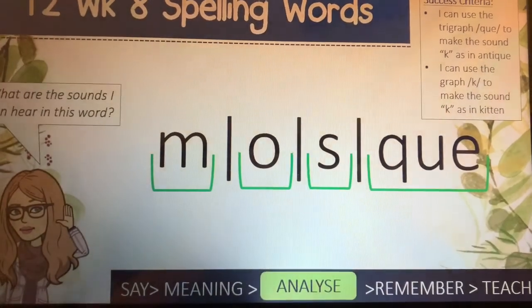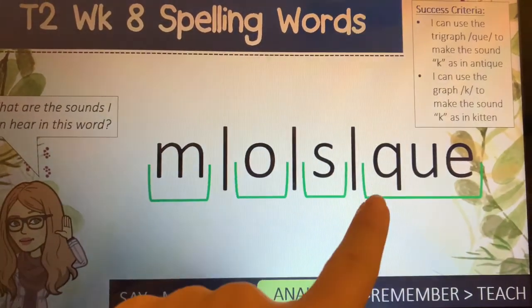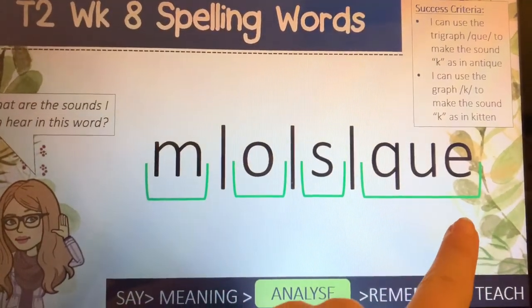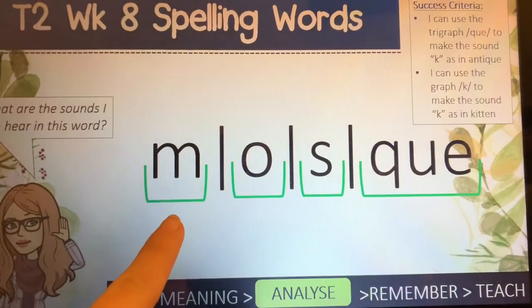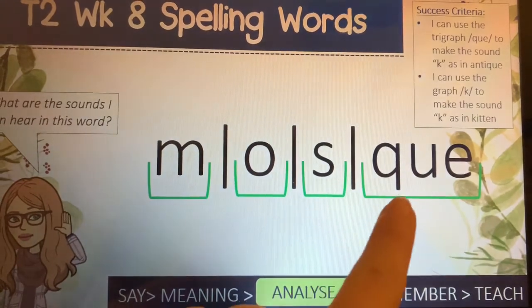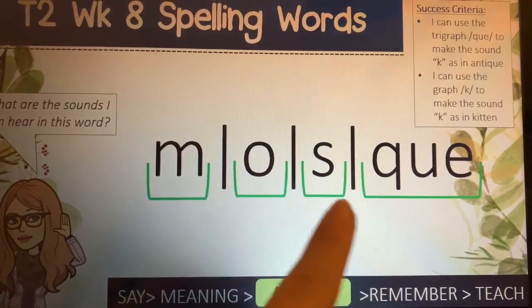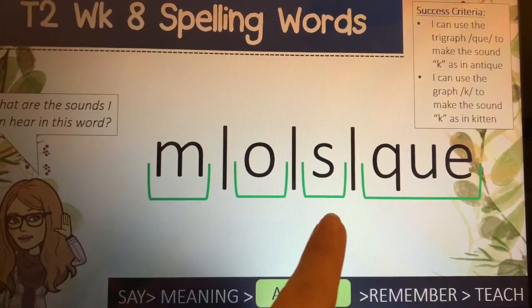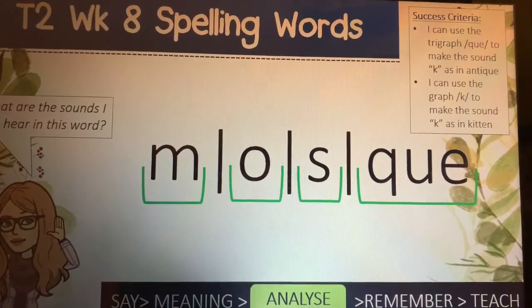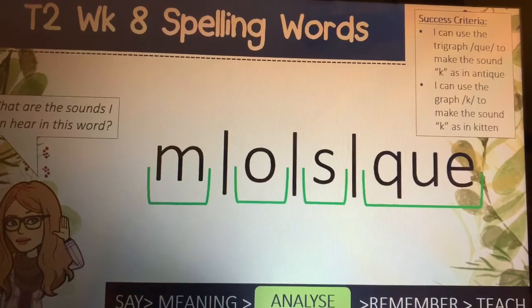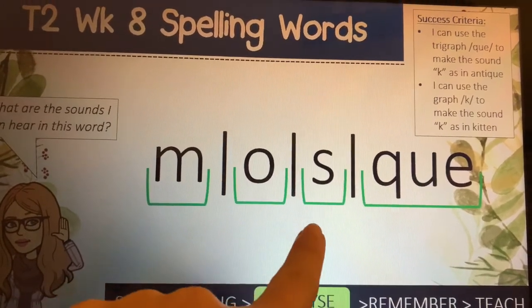Again, we can see that in the word mosque, the trigraph QUE is making the K sound. The letters are M, O, S, Q, U, E. If we say the word mosque, we can hear that O, S, K.